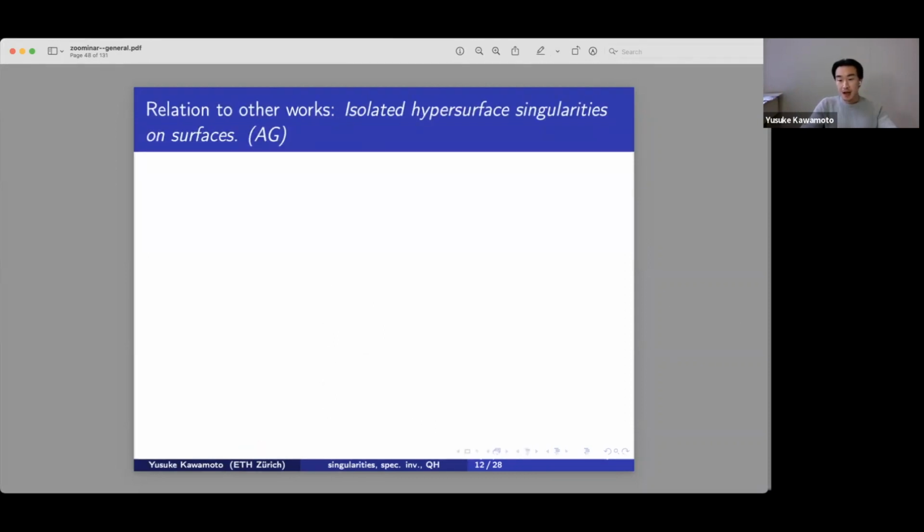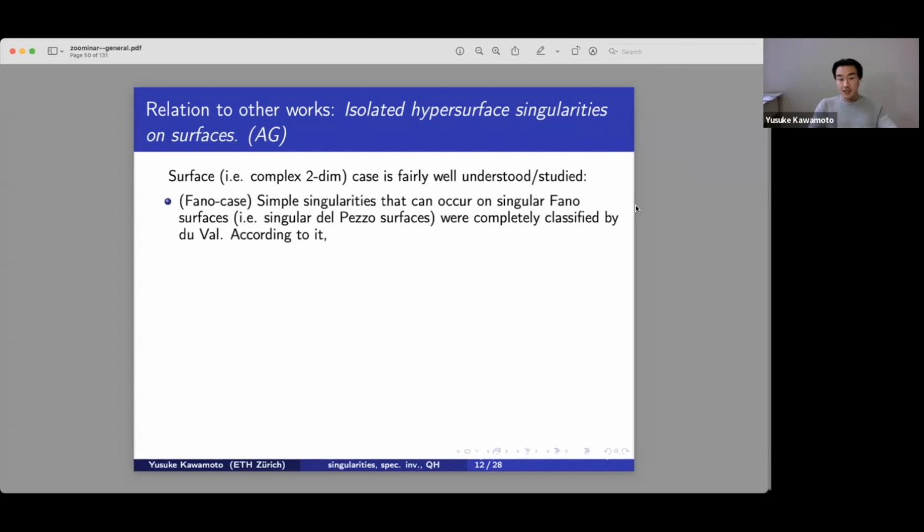So I'll try to explain some related works to this result. First of all, I'm going to collect some algebraic geometry results that are related to this. As I said earlier, the two-dimensional surface case is fairly well studied and understood in algebraic geometry. So for example, the Fano case: Fano surfaces are Del Pezzos.